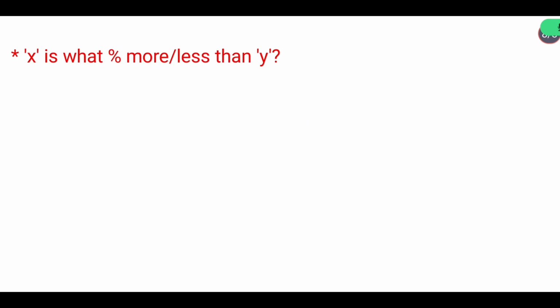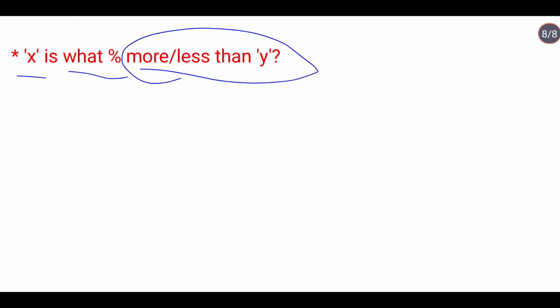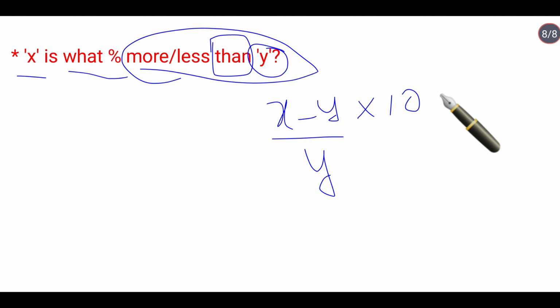Next type of question. Suppose the question is like x is what percent more or less than y. In this type of question, always remember that the value after 'than' should be in the denominator. Here the value after than is y, so y should be in the denominator, and in the numerator the difference between the two values x and y should be given, that is x minus y divided by y into 100, or y minus x.